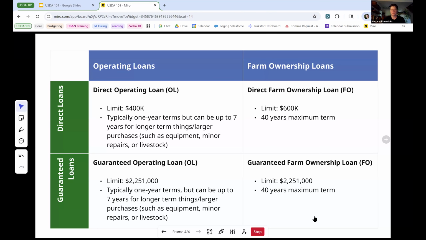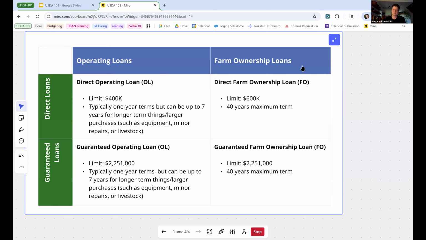So we talked about what is a guaranteed loan versus what is a direct loan, and operating and ownership loans are also sort of 2 different types. So we end up in this group of loans with 4 different types. One thing that is broadly true is that guaranteed loans have higher loan limits than direct loans do.